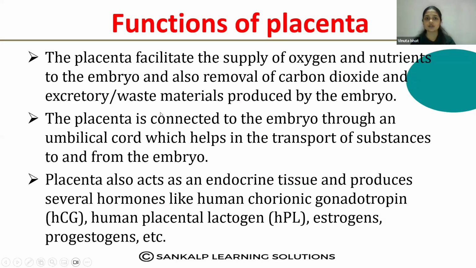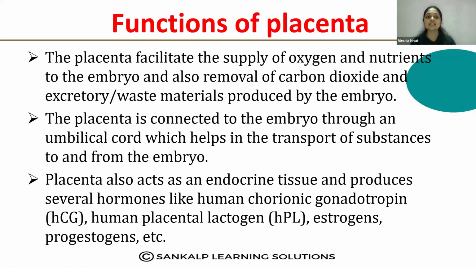So what is the function of the placenta? It provides the oxygen as well as the nutrients for the developing embryo from the mother. And how are the waste products removed? Waste products like carbon dioxide and the excretory waste are removed by the placenta.